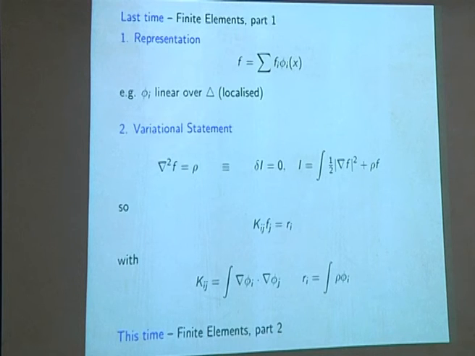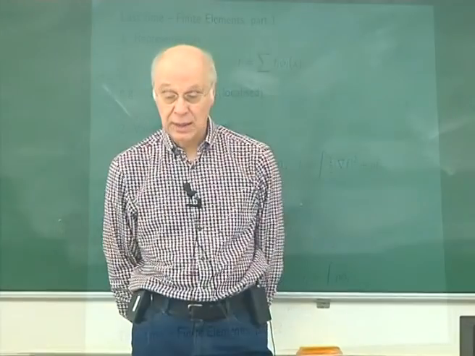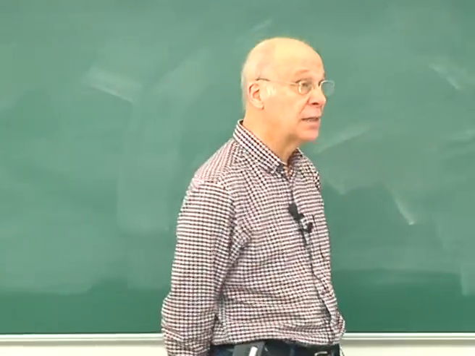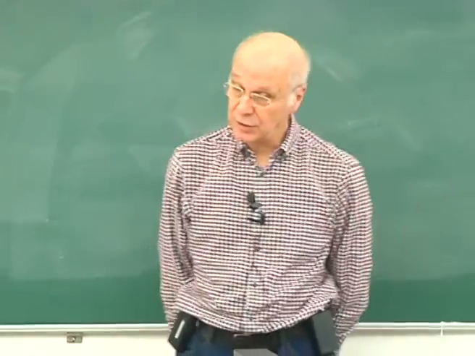Sometimes those parameters are the values of the function at some point, but sometimes they're the value of a derivative somewhere or something totally different. So it's a sum of some parameters f_i times some simple basis functions.